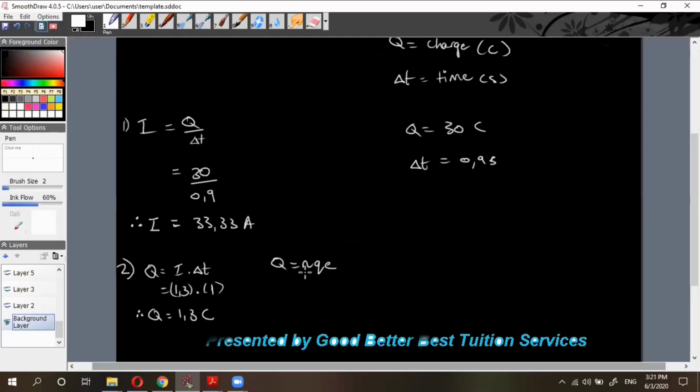If the charge is 1 coulomb, equal to the number of electrons times the charge on an electron, minus 1.6 times 10 to the negative 19, then if you divide 1 by negative 1.6 times 10 to the negative 19, you get the number of electrons that 1 coulomb is made up of: 6.25 times 10 to the power of 18 electrons.